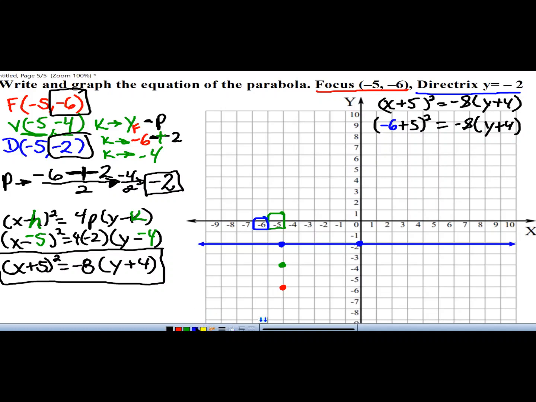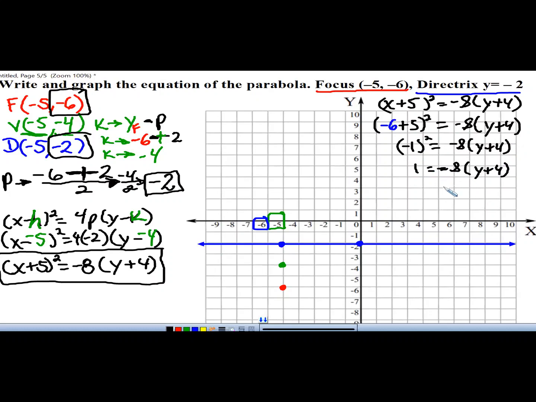All right, so here we go. So what is -6 plus 5? That's -1 squared equals -8, parentheses, y plus 4. What is -1 squared? That's 1 equals -8, parentheses, y plus 4. All right, now we need to solve for y, which means we need to get rid of this -8. What is the -8 doing?